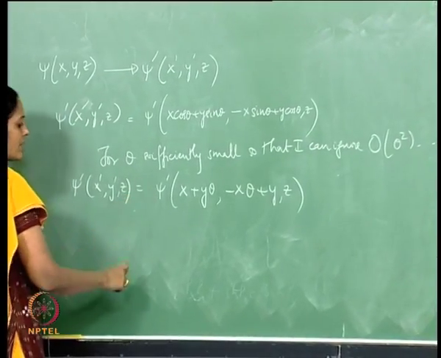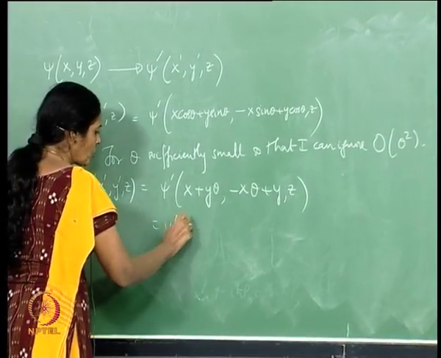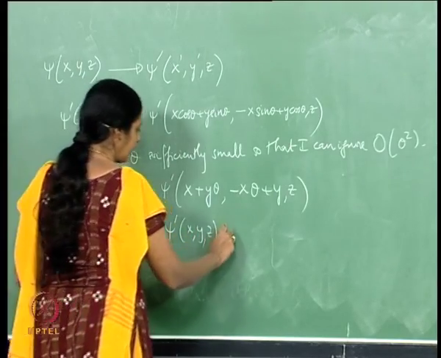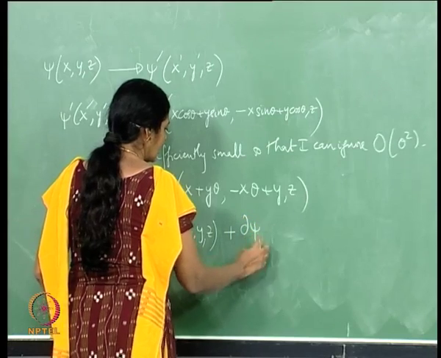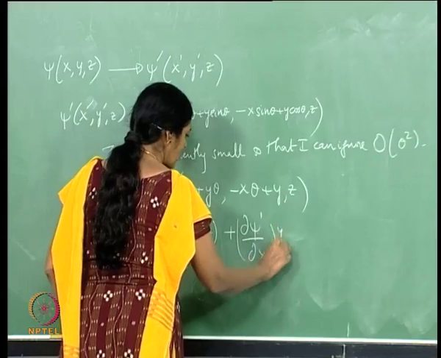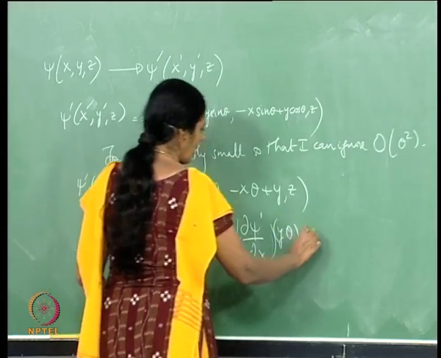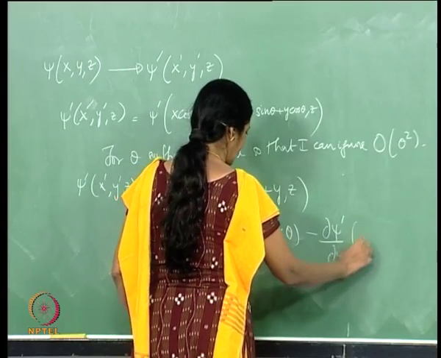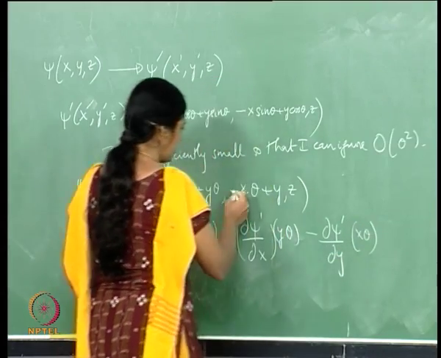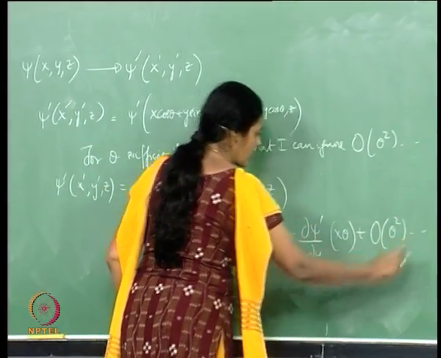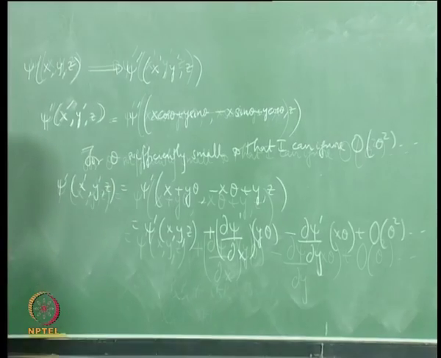I could make a Taylor series expansion, and that is just going to be psi prime of x, y, z plus delta psi prime by delta x times y theta minus delta psi prime by delta y times x theta, plus order theta squared terms and higher order terms, which I ignore.